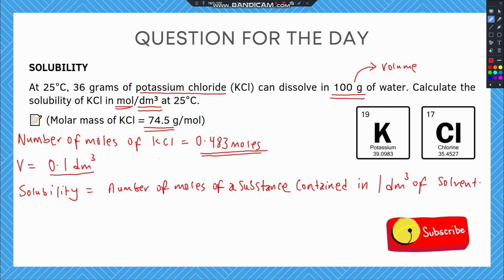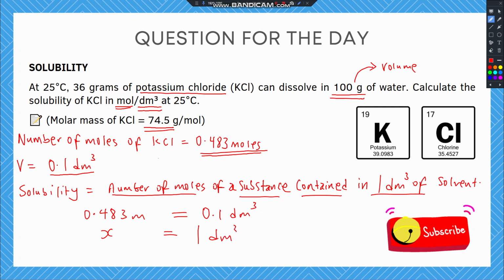So now we can calculate the solubility. Remember, solubility is the number of moles of a substance contained in 1 dm³ of the solvent. So if 0.483 moles of KCl is contained in 0.1 dm³ of water, how many moles, x moles, will now be contained in 1 dm³ of water? Because solubility is the number of moles contained in 1 dm³.